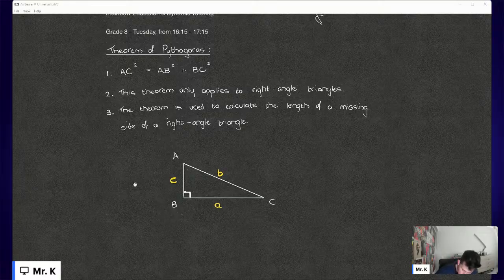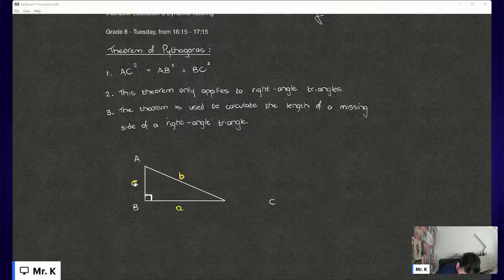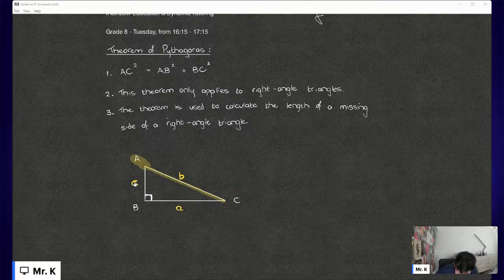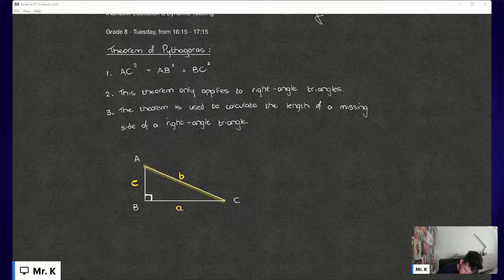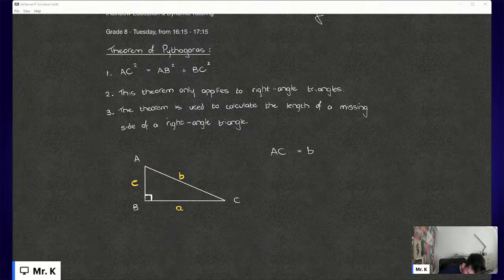So it's just important to keep in mind, in this case, if I look at side AC, traveling from A to C, that is the same as the lowercase b that we've been using. It does depend on which notation you want to use, but it's just important to make sure that you understand this distinction. So on the side over here, we can say that side AC is equal to side b, lowercase b.